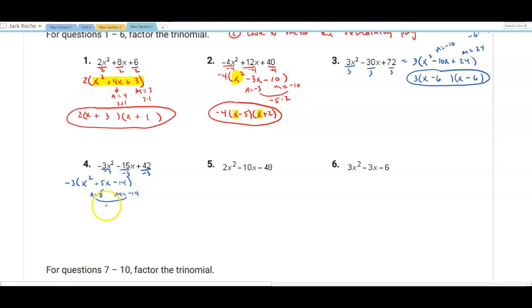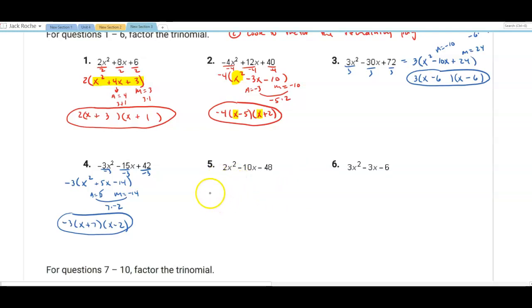That would be 7 and negative 2. So negative 3 times x plus 7 times x minus 2. The goal of these first 6 problems here is to know that when you're factoring, the first thing you have to do is look for a greatest common factor, and that's from section 1.